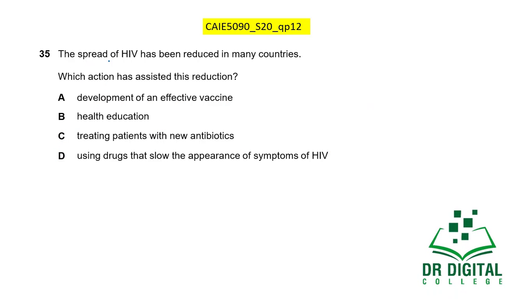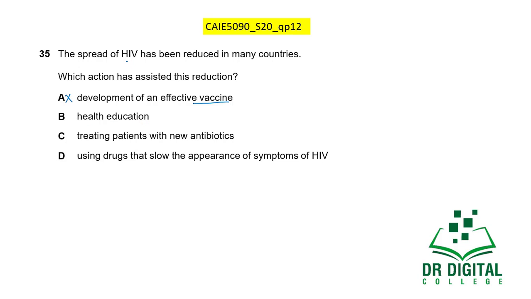In this question, the spread of HIV has been reduced in many countries. Which action has assisted this reduction? Development of an effective vaccine. We have not yet developed any effective vaccine against HIV. So option A is wrong. Health education.